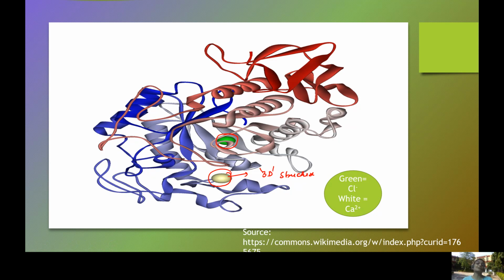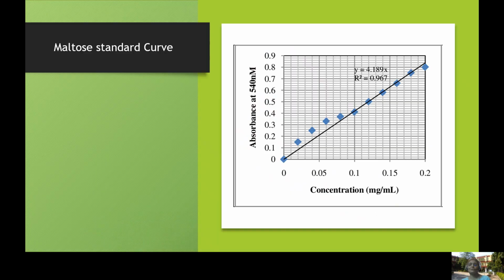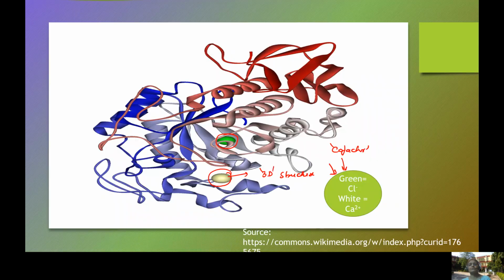So the enzyme loses its catalytic activity. Whereas the chloride ion is required to accelerate the reaction. It is actually a cofactor for the enzyme, which is required for the acceleration of the enzyme catalyzed reaction.